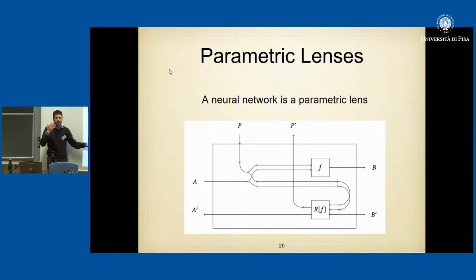So here already you can start seeing that types are going to match in the sense that we are going to change the parameter space P using this P prime out of R of f. What about A prime? How do we care about the change in A? Well, for now we don't, but we will come back to that point. Nothing will be wasted here. We also use this at the very end.